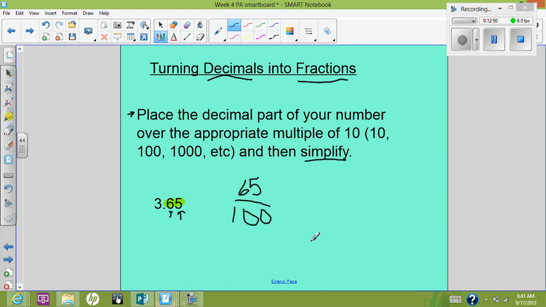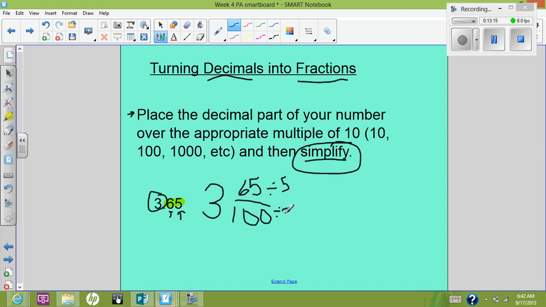I think these are going to be pretty simple for you guys because I'm almost positive you've done things like this before. We then have this whole number left out in front, and that becomes the whole number of our fraction. Last thing to do is simplify. I need to simplify this 65 over 100. I know that they can both be divided by 5, so let's do that to simplify.